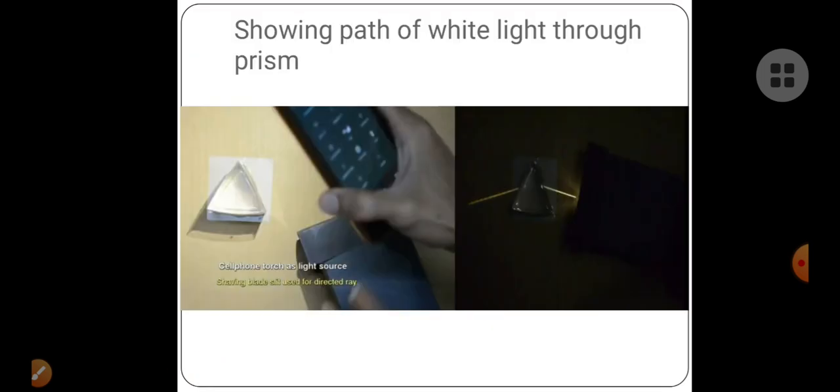We can take this mobile phone and put it in a box and make a narrow slit in that box, so that a narrow ray of light is coming from this, and in the dark we can see a single, very narrow ray of light which passes through this prism. Then we can easily notice this deviation of light through it.